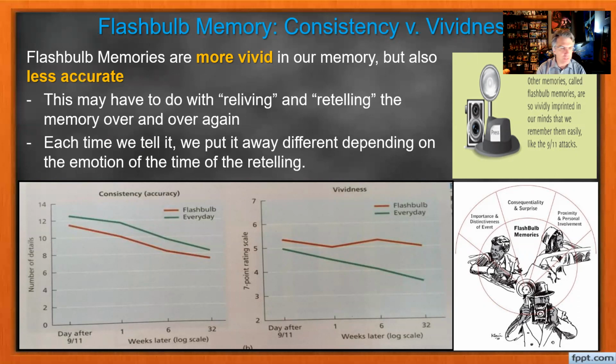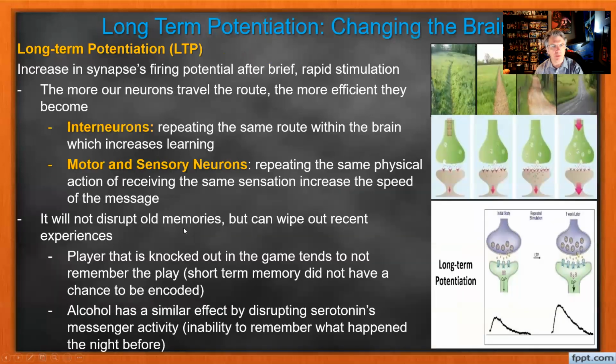And due to this reliving and retelling, and pulling this memory from all these different parts of our brain, it's not going to be as accurate. So again, episodic memories that are flashbulb memories are very, very vivid, especially compared to other memories. But the accuracy is less. The consistency goes down with flashbulb memories much more than everyday memories.